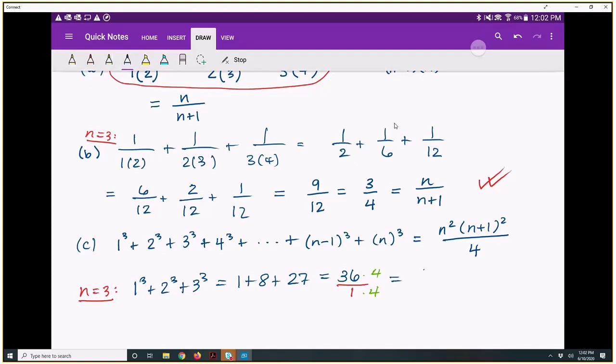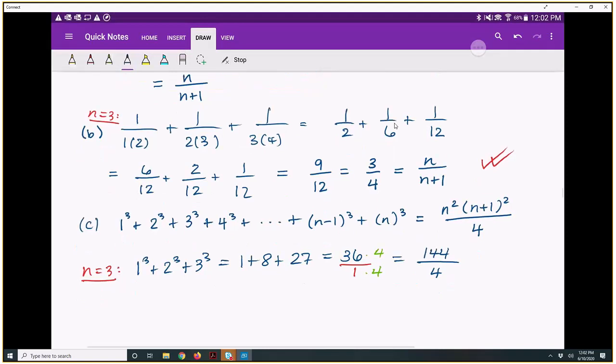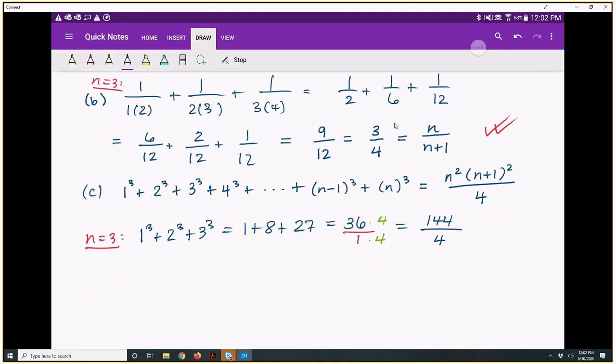So this is equal to 144/4. And 144 is equal to 9 times 16, over 4. 9 times 16 is 3 squared times 4 squared, over 4. And since n was 3, that's exactly n squared times n plus 1 squared over 4, which is exactly what we wanted to verify.